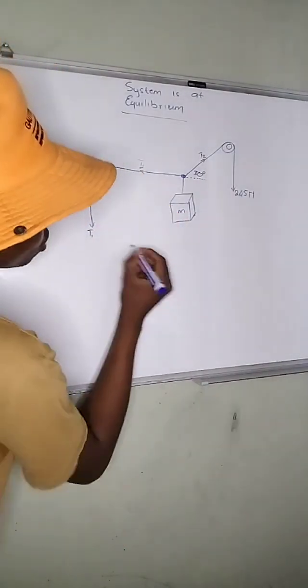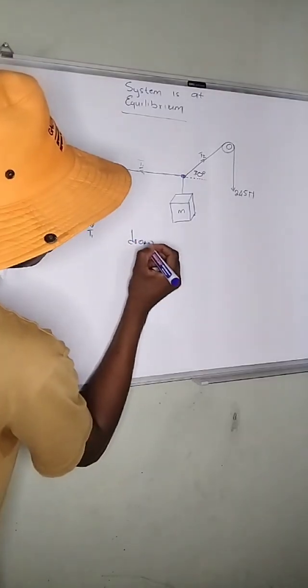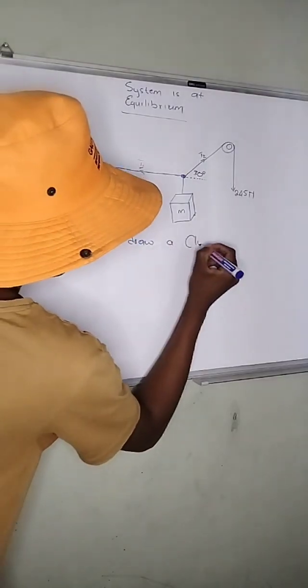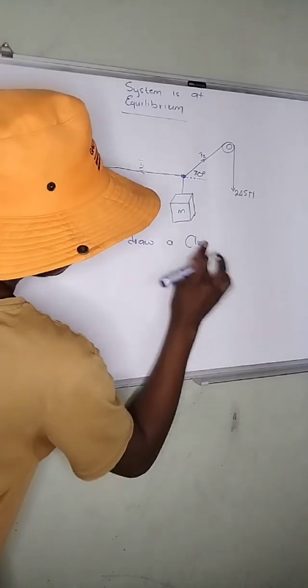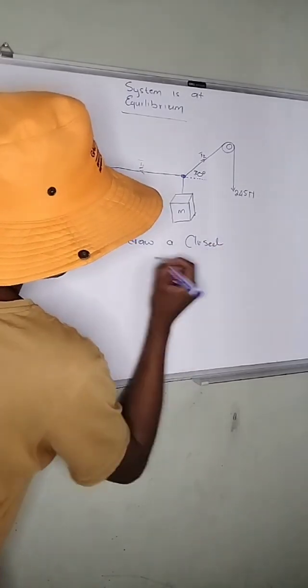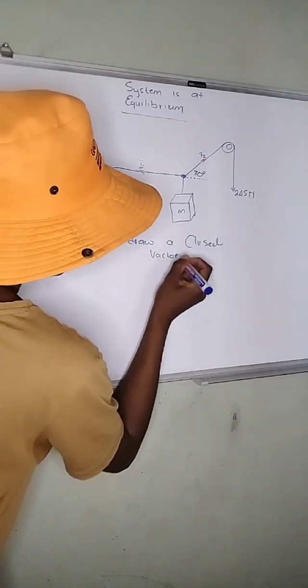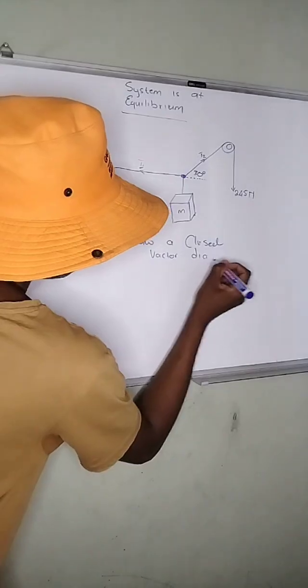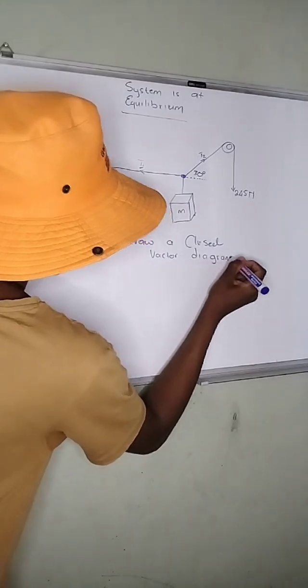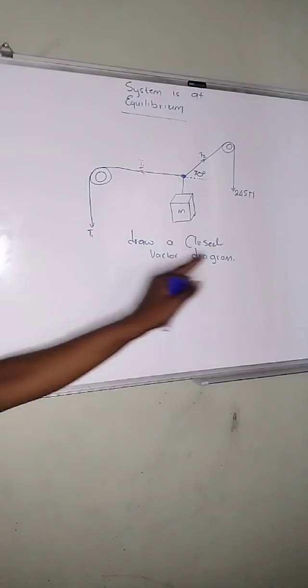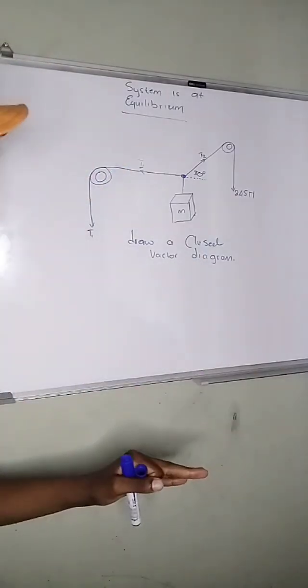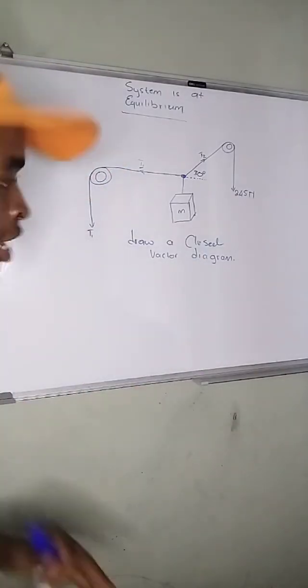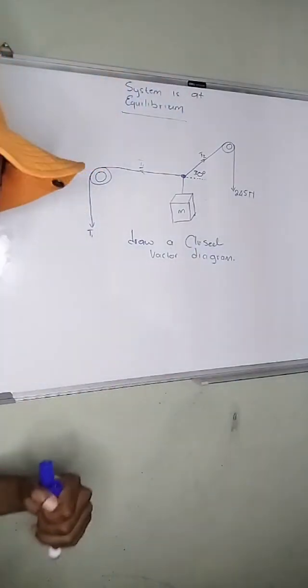You can be asked to draw a closed vector diagram. These are the marks that you shouldn't lose whenever you're dealing with such systems.